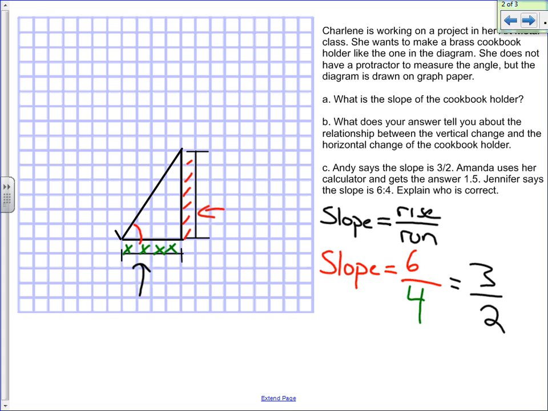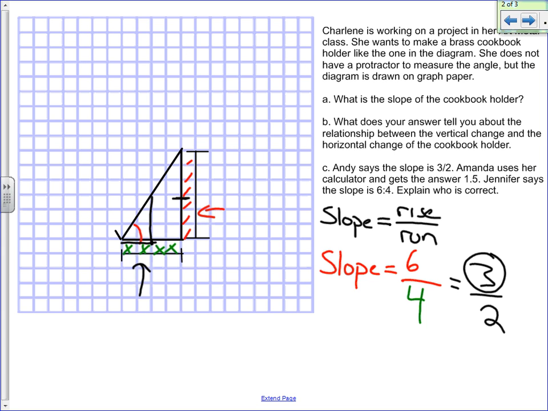Well, it tells us that for every 3 places we go up, our run is 2. So in other words, for every 2 units changed horizontally, our change vertically is 3.